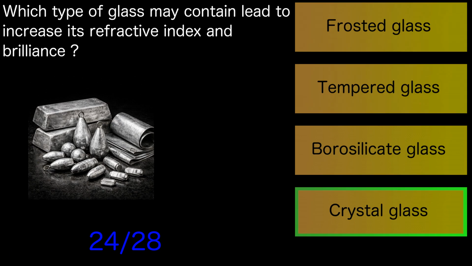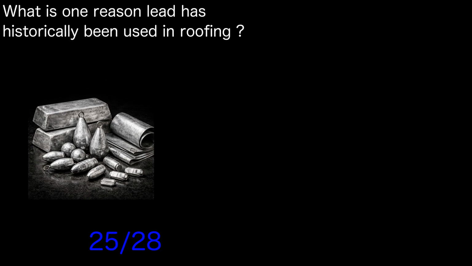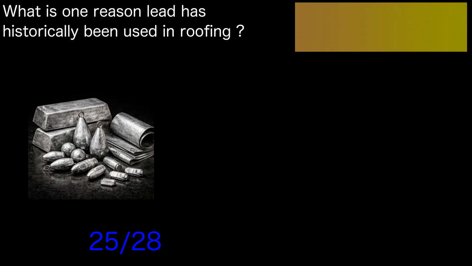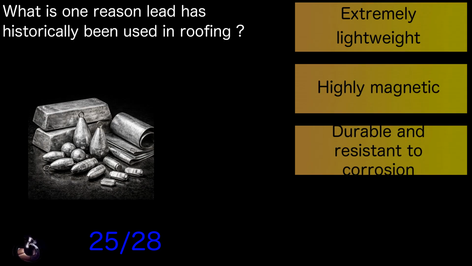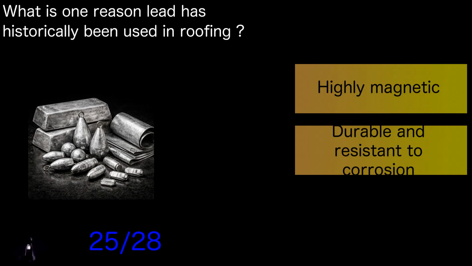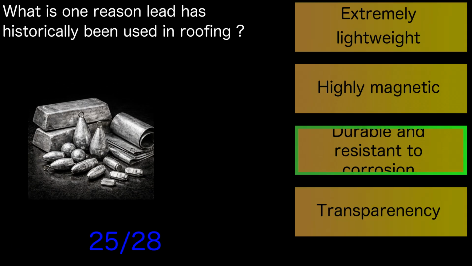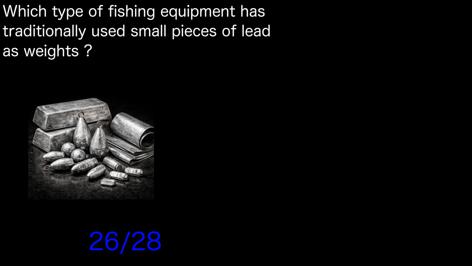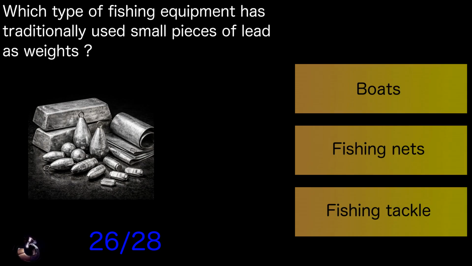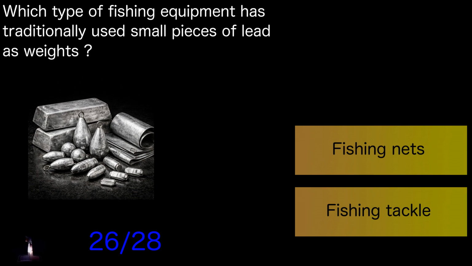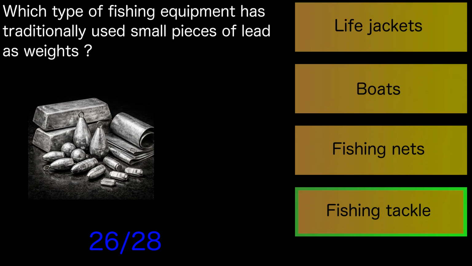Which type of glass may contain lead to increase its refractive index and brilliance? Crystal glass. What is one reason lead has historically been used in roofing? Durable and resistant to corrosion. Which type of fishing equipment has traditionally used small pieces of lead as weights? Fishing tackle.